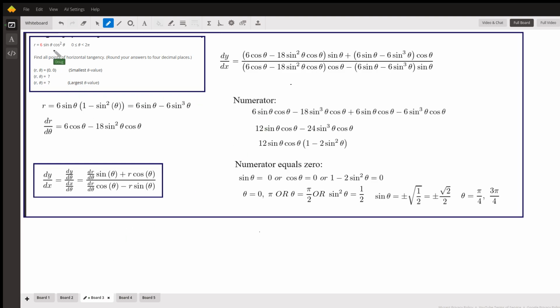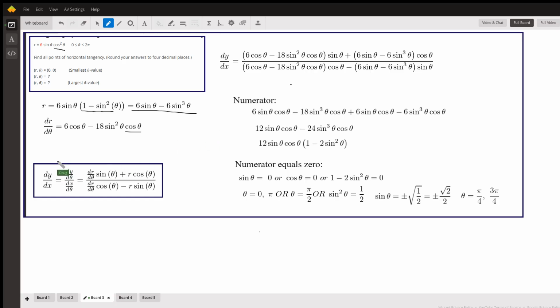So my suggestion is to rewrite this as cosine squared is 1 minus sine squared. Distribute the 6 sine theta. There's another formula for r. So dr/d theta is 6 cosine theta minus 18 sine squared theta. That's from the chain rule, derivative of the inside.